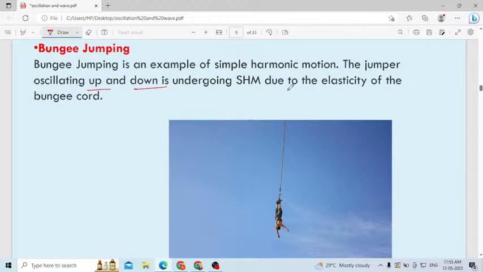You can observe in bungee jumping, the jumper oscillates up and down. This is also one of the examples of simple harmonic motion. How can he jump up and down? Because of the elasticity of the bungee cord.